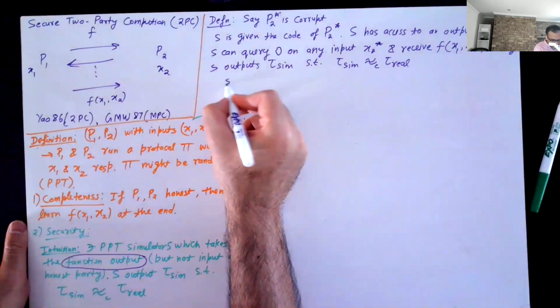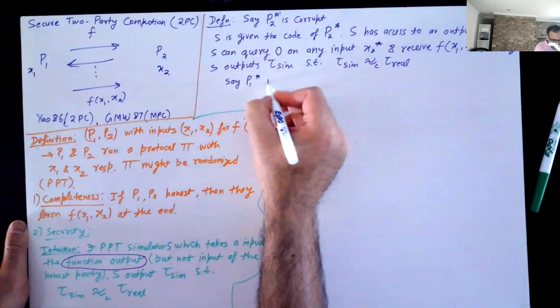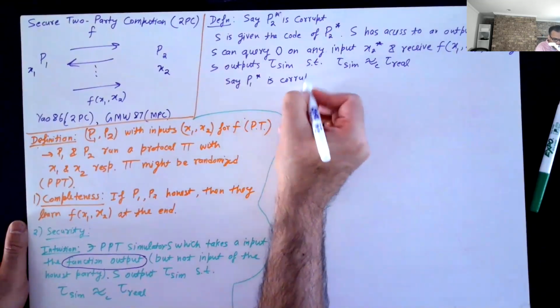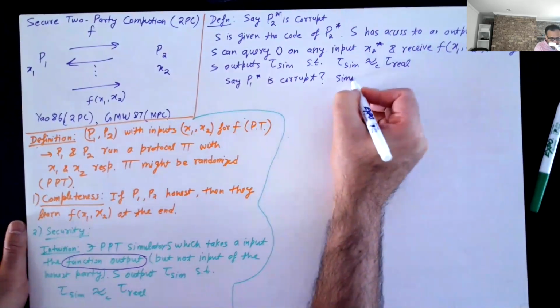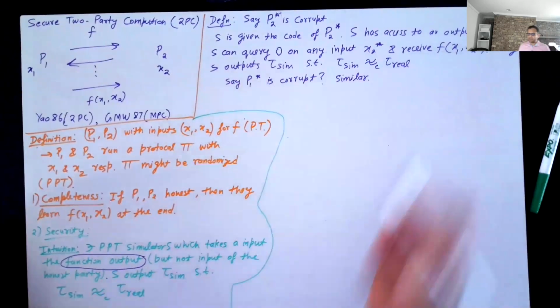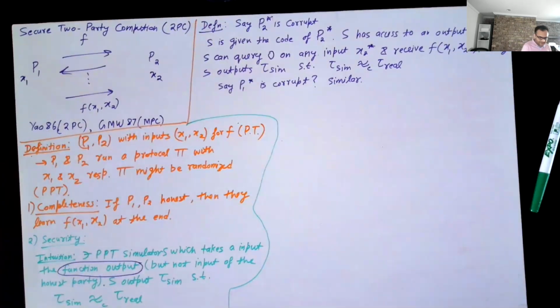And what about the case when P1 star is corrupt? Well, the strategy is similar. If P1 star is corrupt, then the simulator can query the oracle with any input x1 star and then get the output.